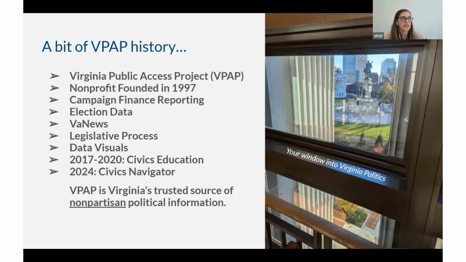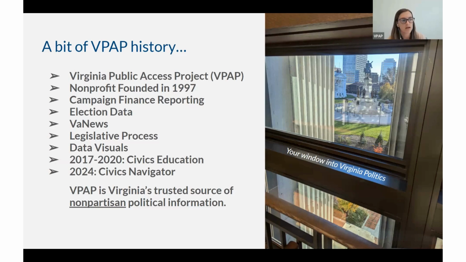All right. Before we dive into it, a brief history of VPAP. So the Virginia Public Access Project started in 1997, so 28 years ago. And it all started with campaign finance data. David Poole was our founder. He was a reporter for the Roanoke Times, and he wanted to provide greater access for this.